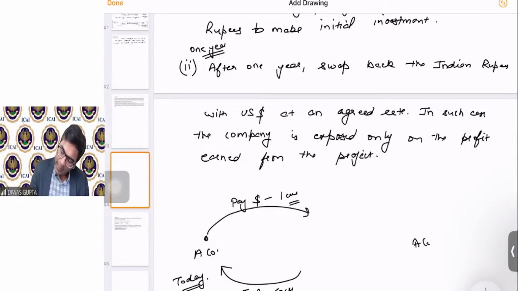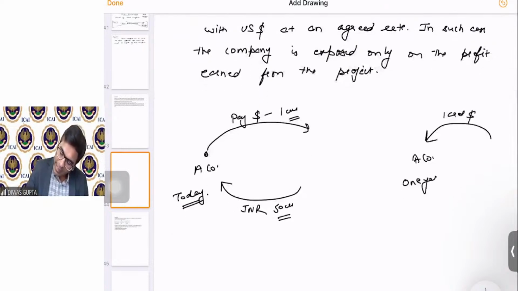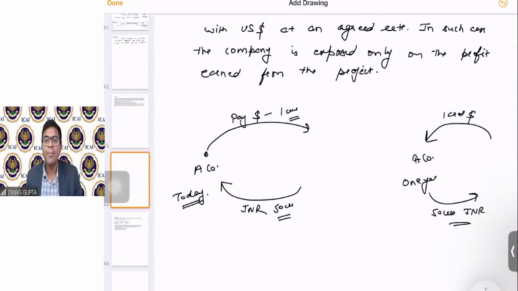What will happen to company A 1 year later? 1 year later, company A will get back 1 crore dollars and it will have to pay 50 crore INR. Clear, students? This is how a swap works in foreign exchange transactions.